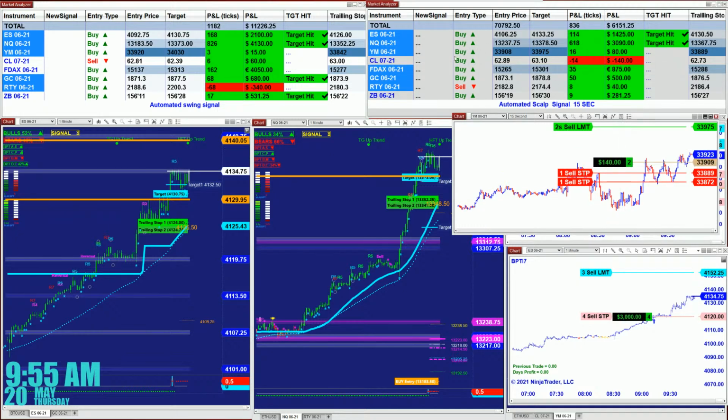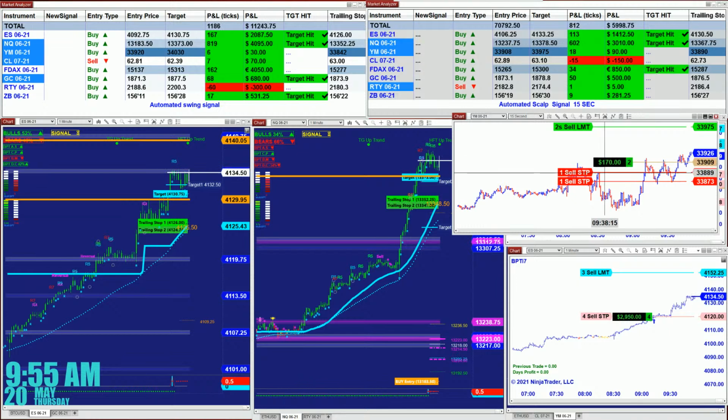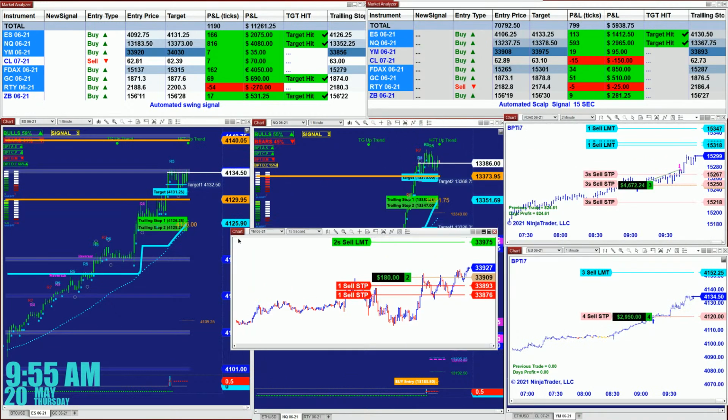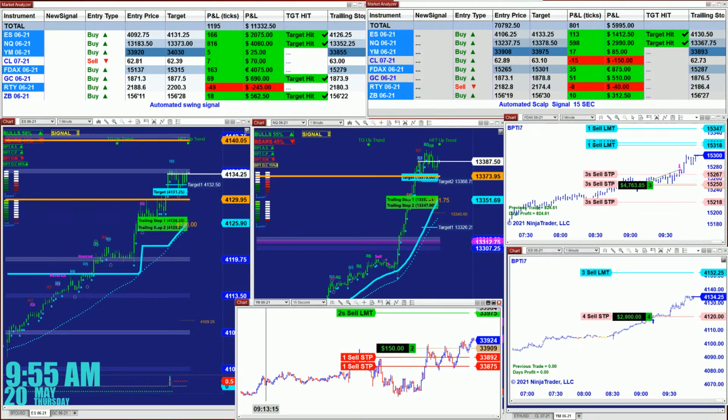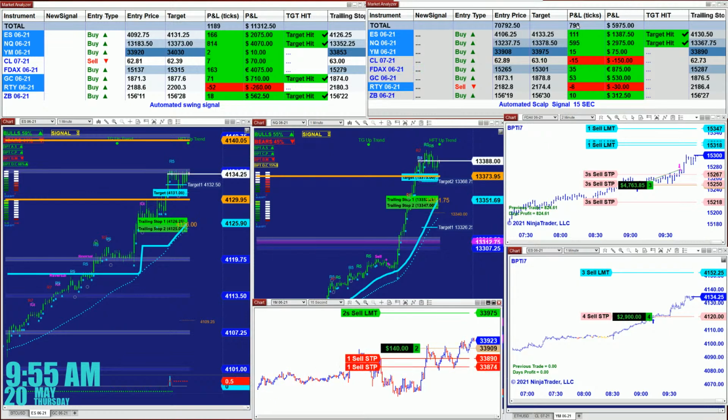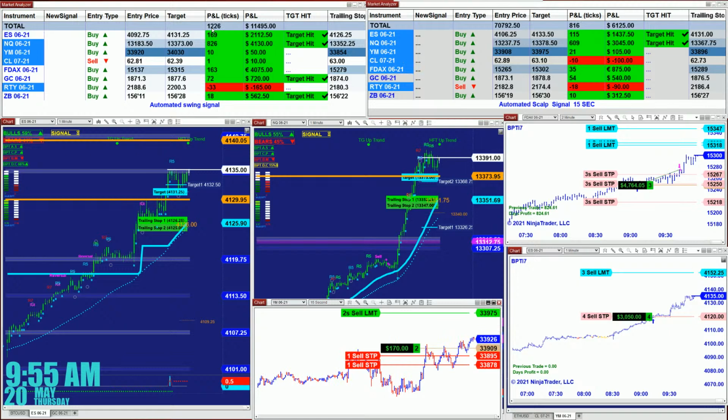On the market analyzer, based on one contract, is 16 ticks, 14 ticks, $90. On the auto trade, we are using two contracts, which is 180. So on the scalper total, 799 ticks into the profit. The swing trading based on the 1 minute is a little over 1,200 ticks.